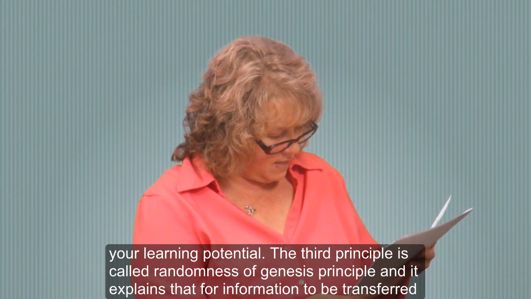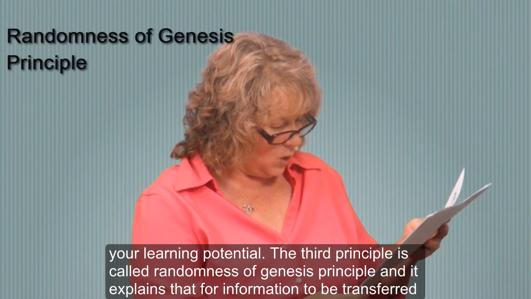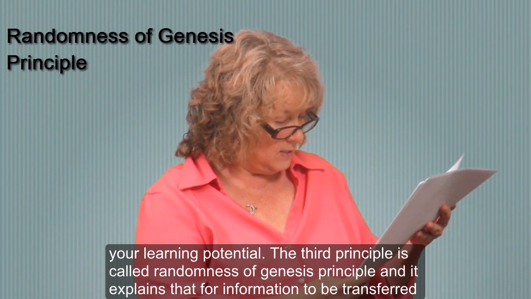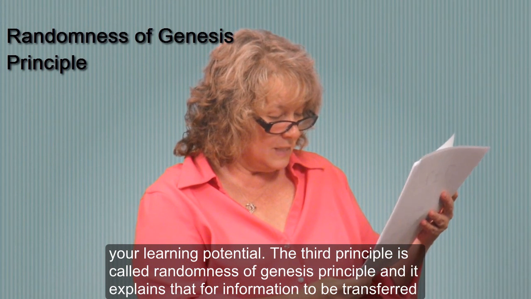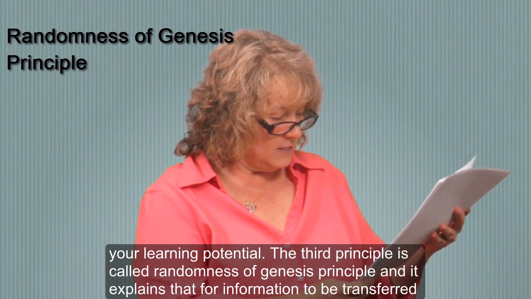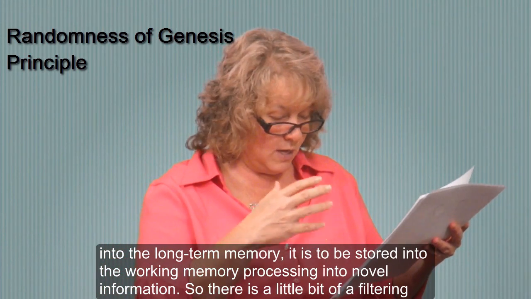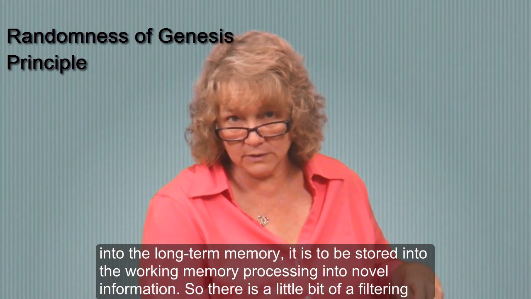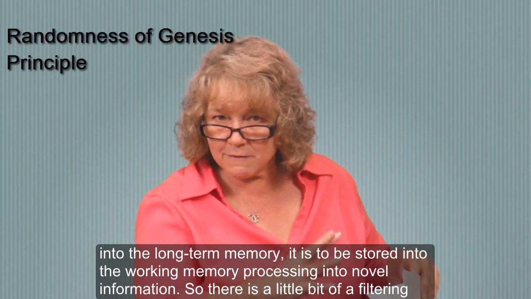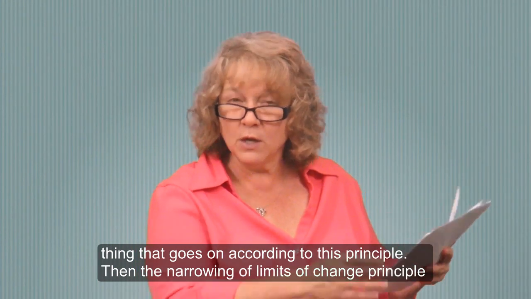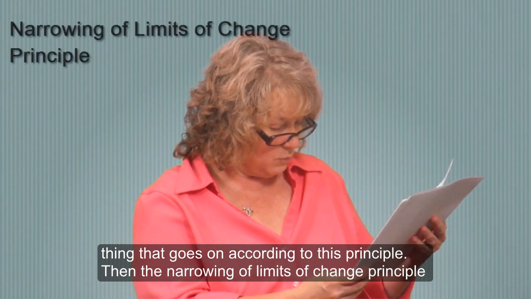Okay, and then the third theory is called the randomness of genesis principle. It explains that for information to be transferred into the long-term memory, it has to be stored in the working memory and processed into novel information. So there's a little bit of a filtering thing that goes on according to this principle.